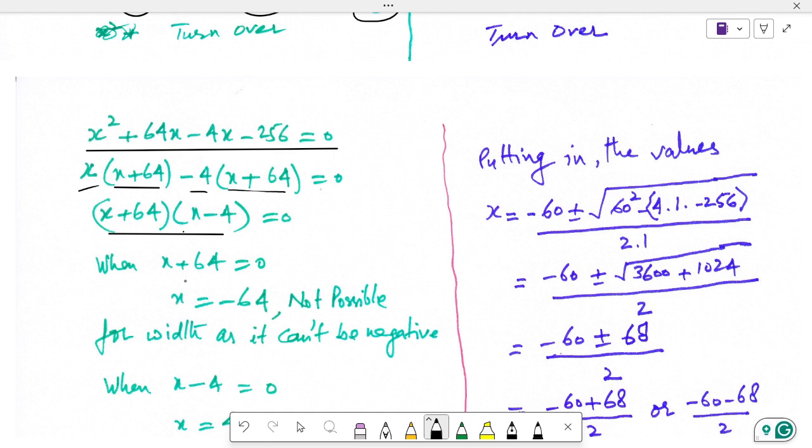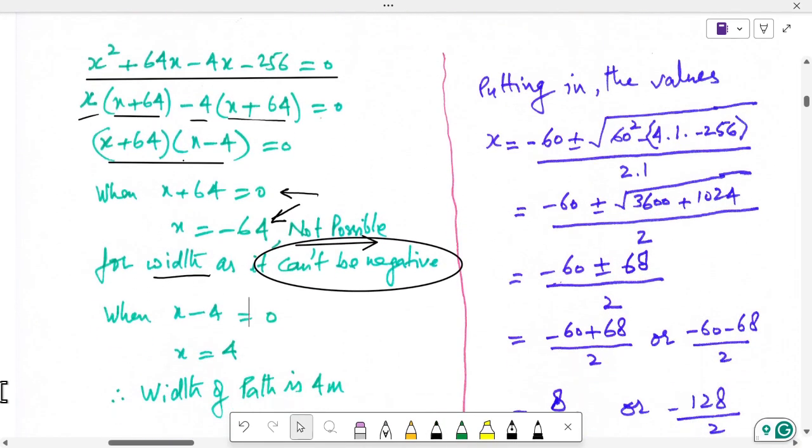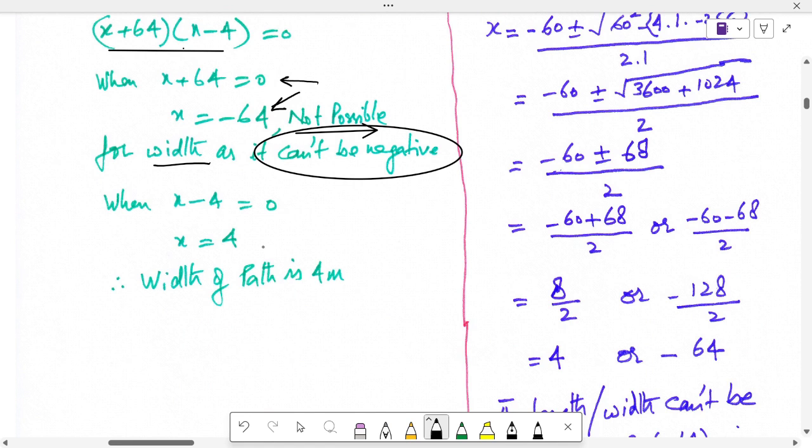Now, if we take x plus 64 equal to 0, x becomes minus 64. This answer is not acceptable because width or length are physical quantities which cannot be negative, so we will ignore it. When we take x minus 4 equal to 0, then we get x is equal to 4, which is okay, and that means the width of the path in question will be 4 meters.